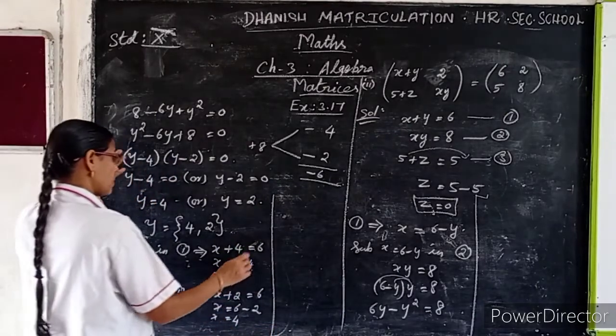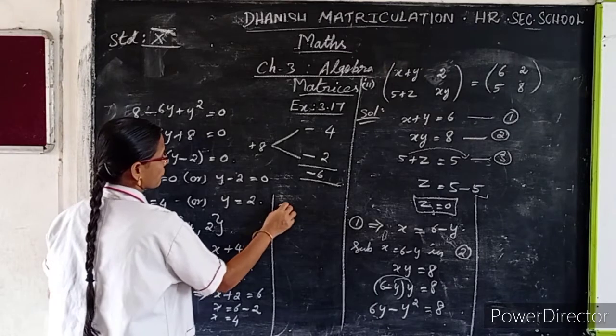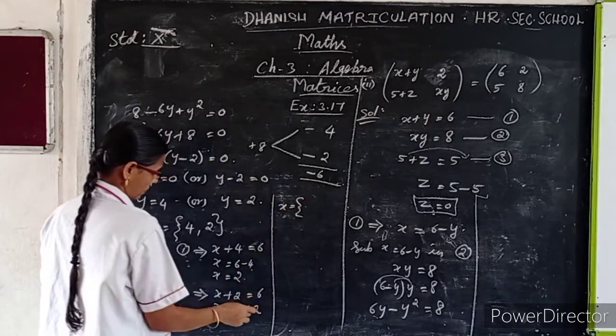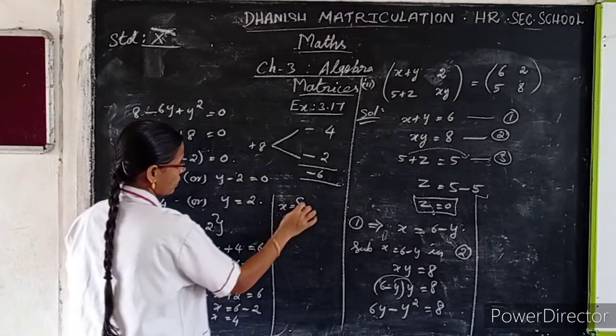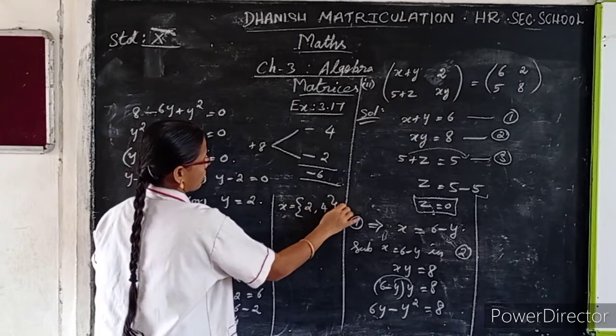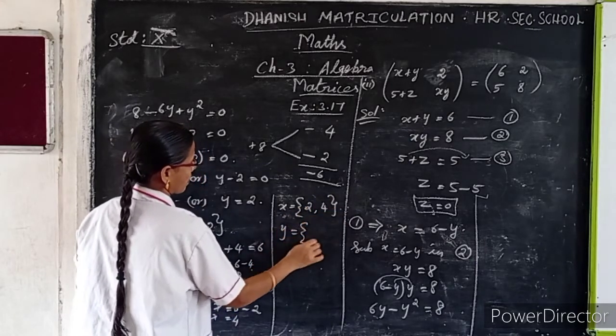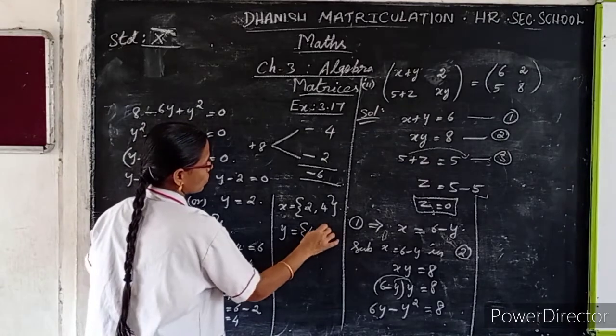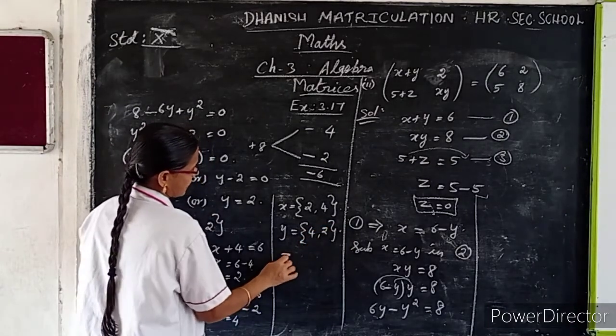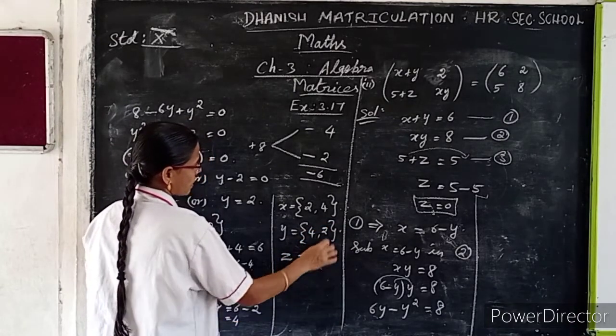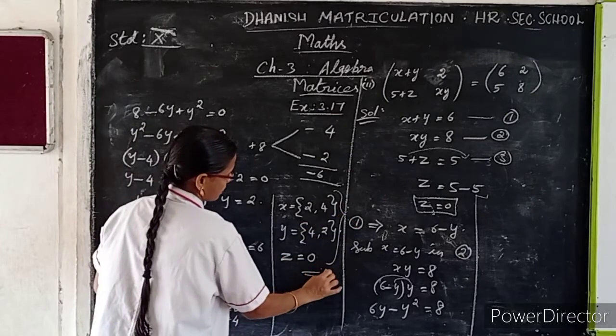So the x values are 2 comma 4, y values 4 comma 2, z equal to 0. These are our solutions.